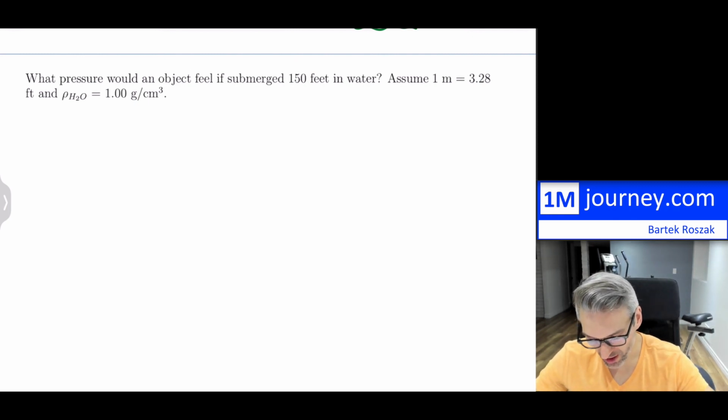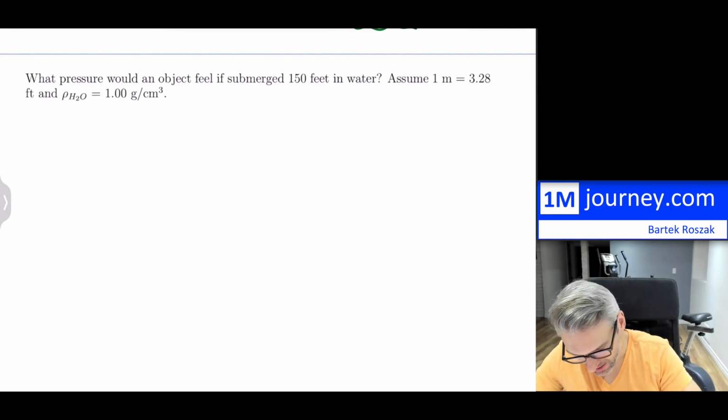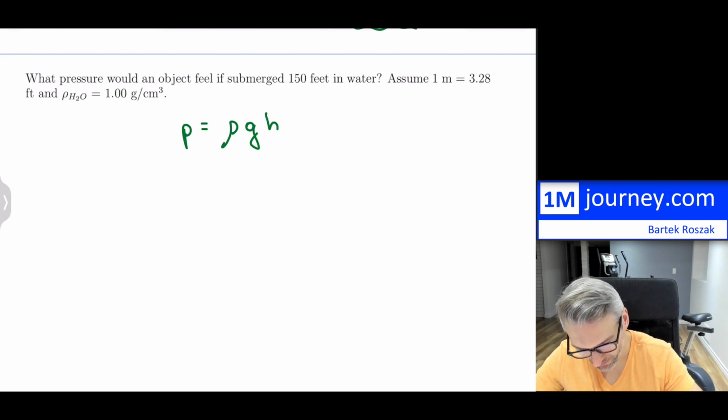It says, what pressure would an object feel if submerged 150 feet in water? Assume 1 meter is 3.28 feet. So again, this is nothing but pressure at a depth. So pressure is equal to the density multiplied by the gravity times whatever height or depth we have.